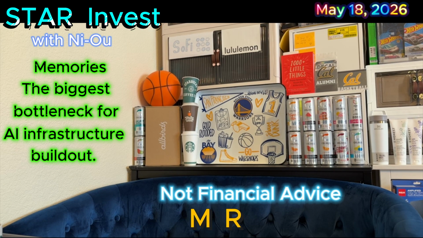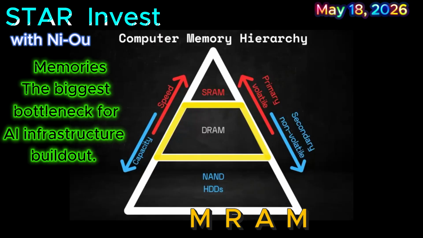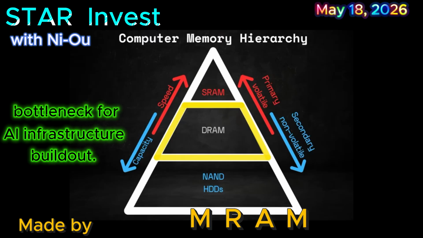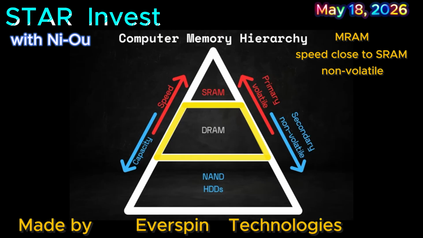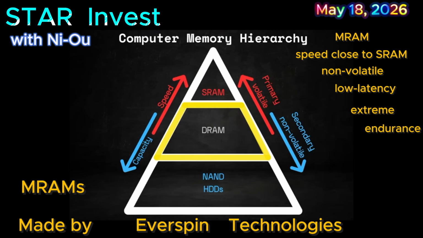Last time we were talking about magneto-resistive random access memory, in short MRAMs, made by Everspin Technologies. In this video, we are going to continue to talk about the differences between MRAM, SRAM, which stands for static random access memory, and DRAM, which is dynamic random access memory.